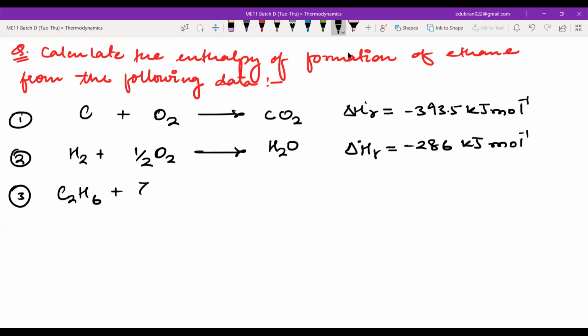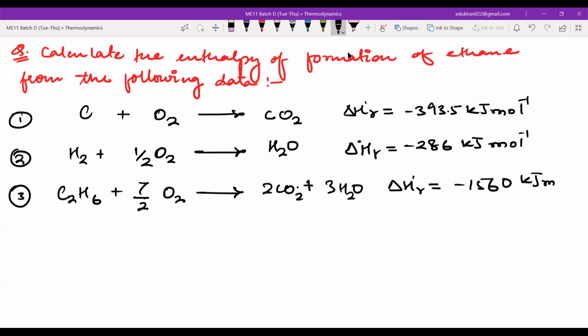Here you have 7/2 O2, going to give you 2 CO2 plus 3 H2O, and the enthalpy of this reaction is equal to minus 1560 kilojoule per mole. So this is the complete question. Now we are going to solve this. Write this down. Please let me know if you're done writing the question.